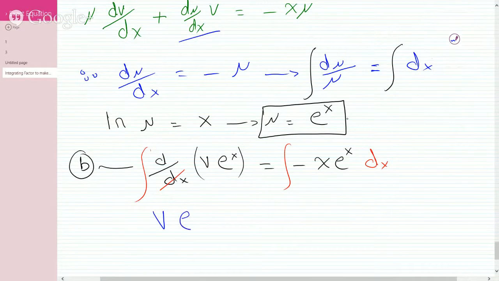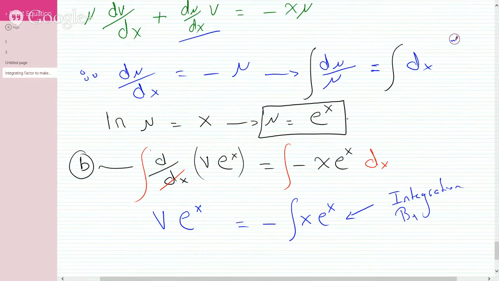So you'll get v e to the x equals minus x e to the x, and plus c. Well, we haven't integrated yet. This will have to be integration by parts.